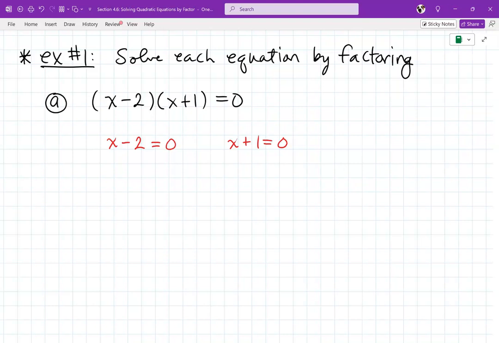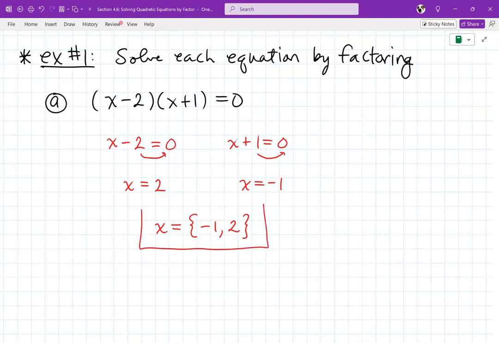If I add 2 to this side, I get x is equal to 2, and for the other one I subtract 1 and get x is equal to negative 1. Here are my answers. Since it's two different numbers, I'm going to write it in set notation. So here's my solution.